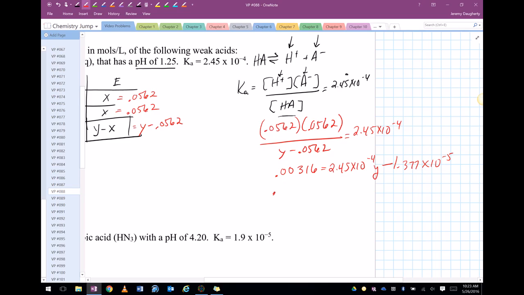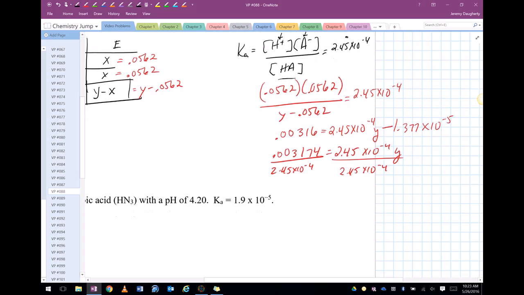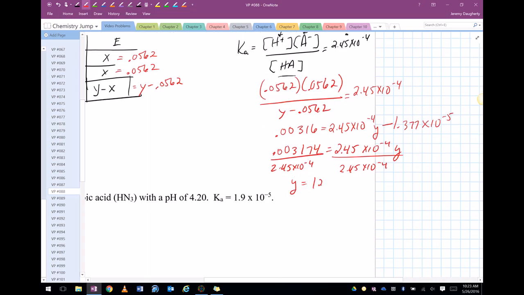So I get 0.003174 is equal to 2.45 times 10 to the negative fourth Y. So I'm going to divide both sides by that 2.45 times 10 to the negative fourth. So I get a value of 12.95. So that's the molarity of that acid.